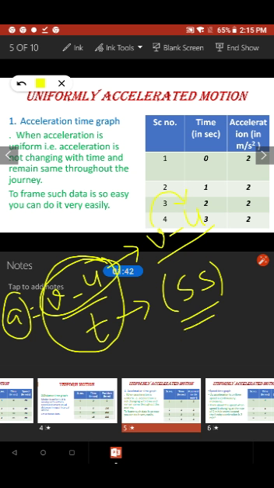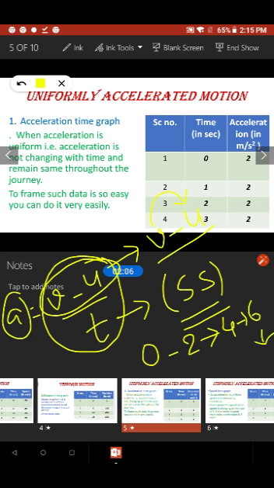हर 5 सेकेंड में velocity changes from 0 to suppose 2 meter per second. Then in next 5 seconds the velocity becomes 4 meter per second. Then in next 5 seconds the pointer again moves आगे कितना? 4 से 6 meter per second. Then in next 5 seconds velocity again changes.